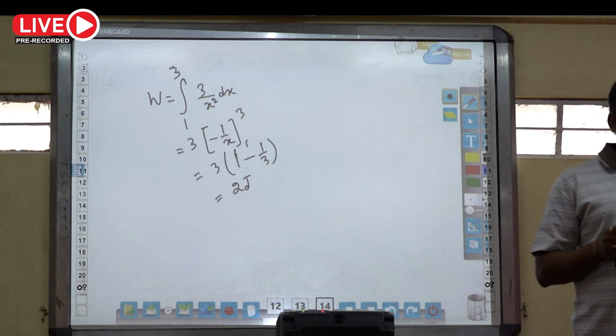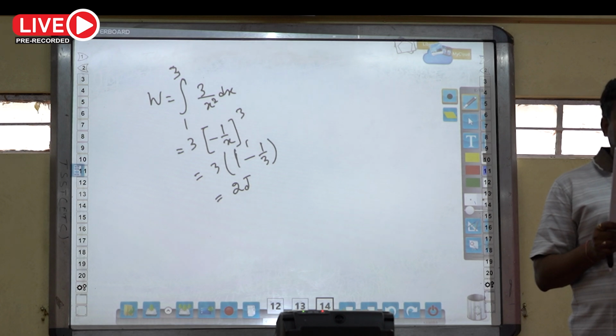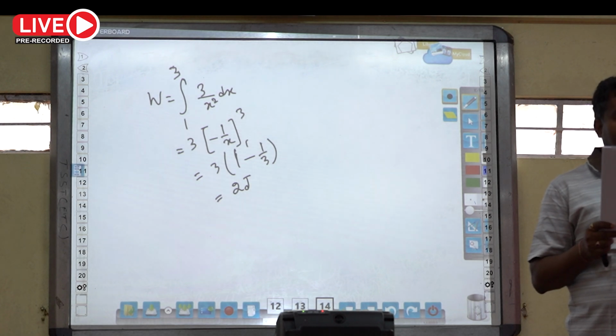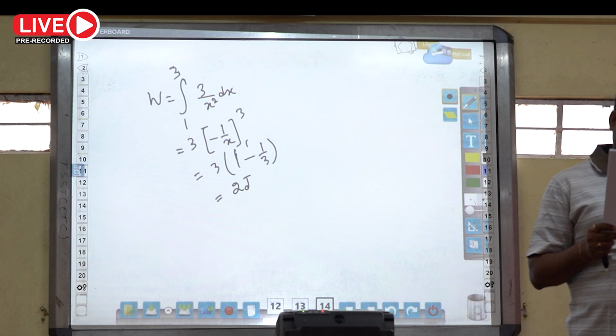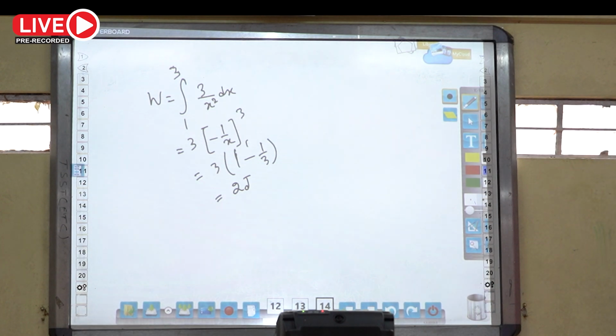Question number 6, a parallel plate capacitor has a capacitance 80 microfarad in air and 140 microfarad when immersed in oil.